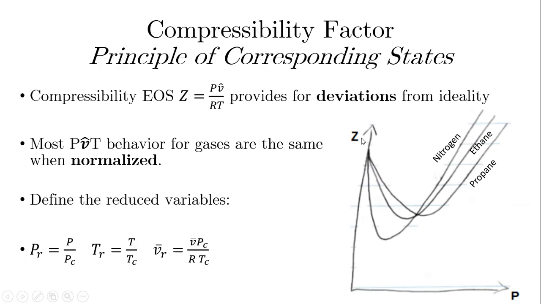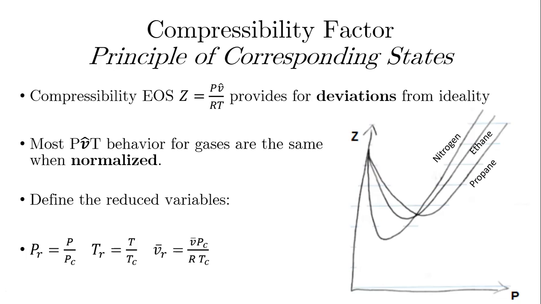And so people do this. They look at specific compressibility factors for a gas, and they can use that to find the state variables. So even though these look all different, what we've seen is if we normalize the pressure, the temperature, and the volume, okay, we normalize them with a critical point, which I mentioned before.